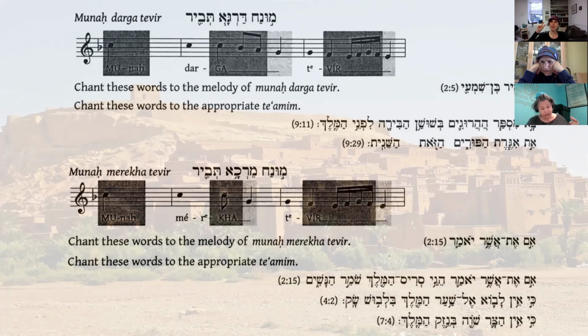The one in the middle, Im et Asher. It's like timpani drums. Boom, boom, boom, boom. אם את אשר יאמר. הגייס אריס המלך. שומר. You just did it for me. שומר הנשים. Munach et nachta. שומר הנשים.